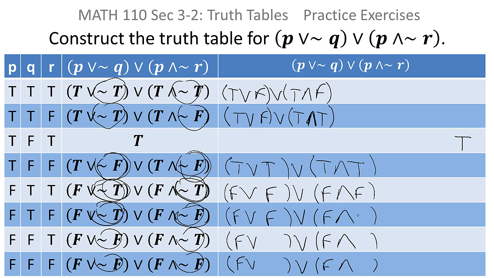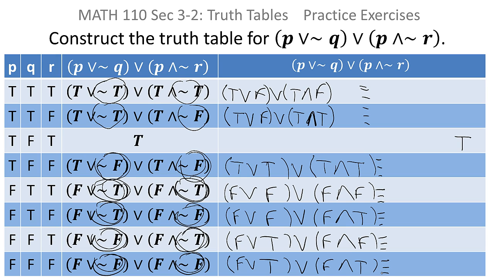This not false becomes a true, this not false becomes a true, this not true becomes a false, this not false becomes a true, and this not false becomes a true. So I'm working my way down. Now I continue, and I'll put the equivalent sign between them as I work my way down.